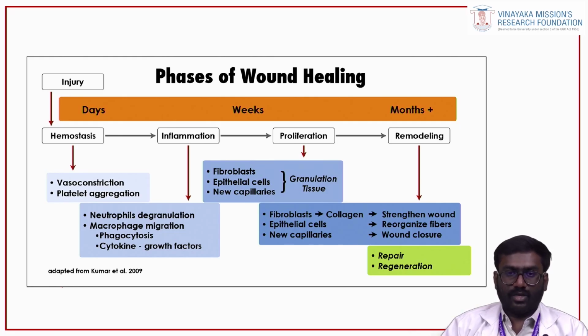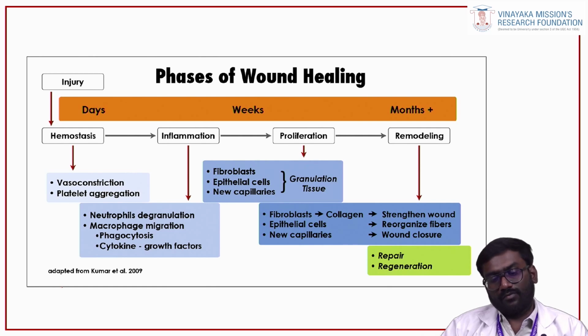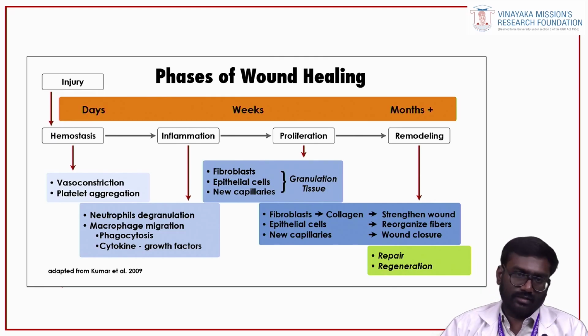In hemostasis, initial vasoconstriction and platelet aggregation happen, and in the initial inflammation phase, neutrophil degranulation occurs and macrophages migrate in. Following inflammation is the proliferative phase, where you have granulation tissue formation by fibroblasts, epithelial cells, and new angiogenesis by new capillaries in that particular area. And in the following months there will be remodeling, where you will have soft bone, then mature bone, and reorganization. So this is just a glimpse of the wound healing that is going to happen in the days, weeks, and months after your periradicular surgery.